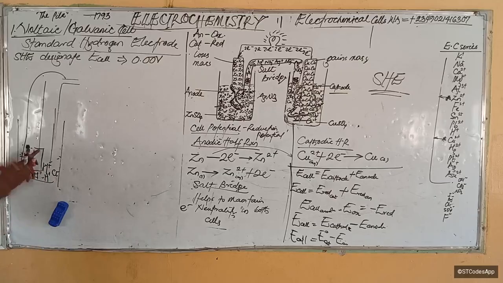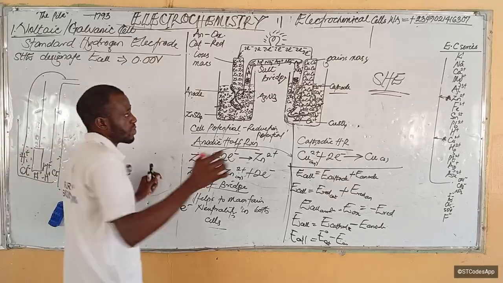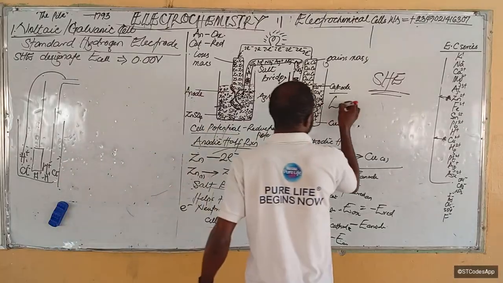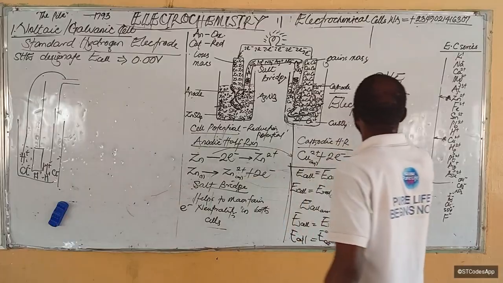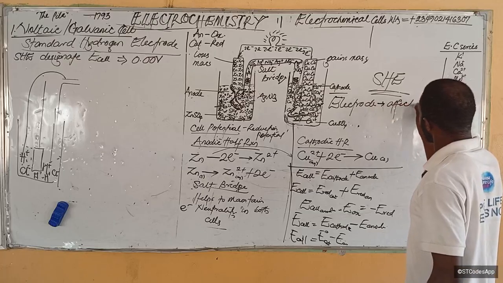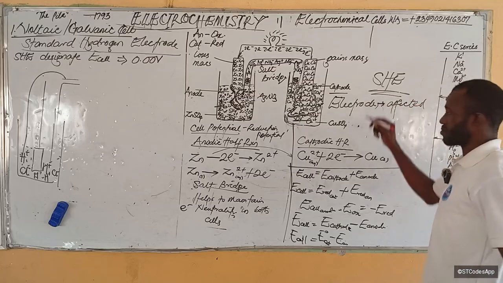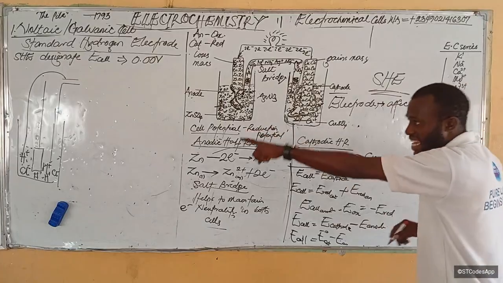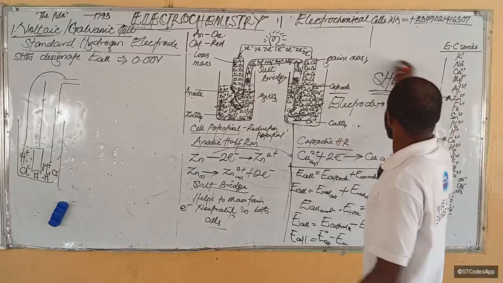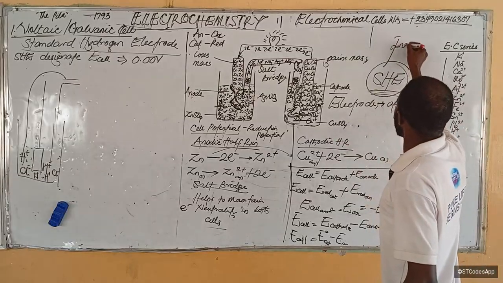Now, there's something about this electrode that you need to remember. In the earlier cells, the electrodes are used up, they are affected. But here, the electrode used is an inert electrode.